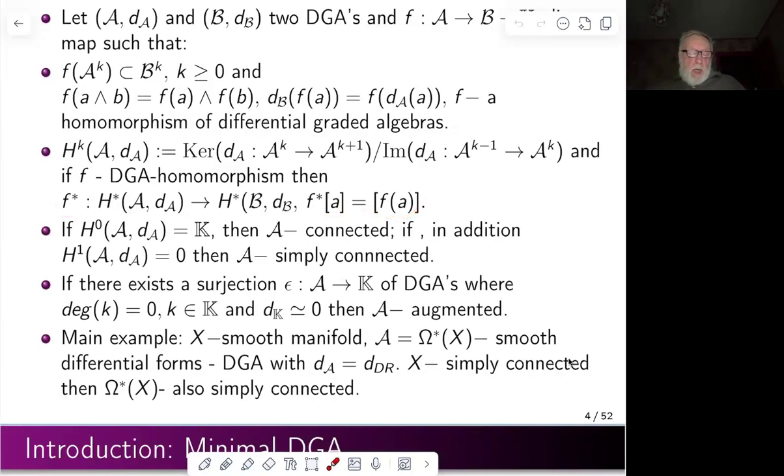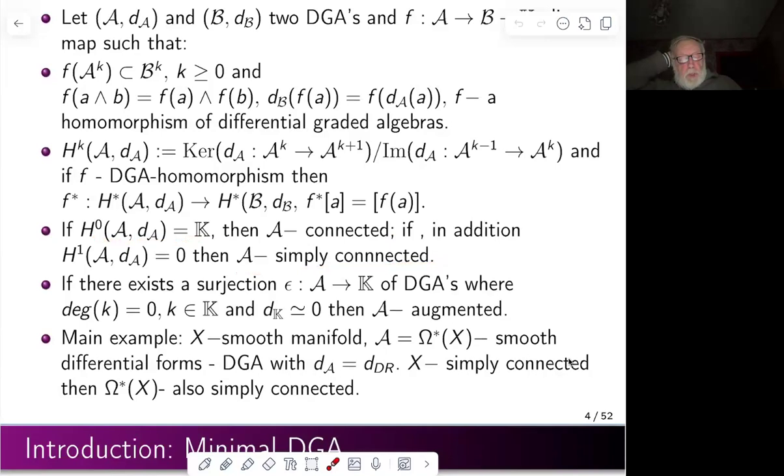We will say that our differential graded algebra is connected if, first of all, the zero cohomology is isomorphic to the base field K, and if additionally we have triviality of the first cohomology, then we say that our algebra is simply connected.